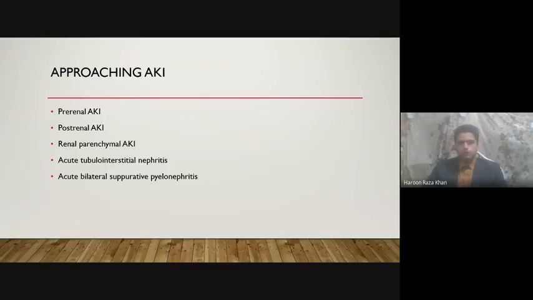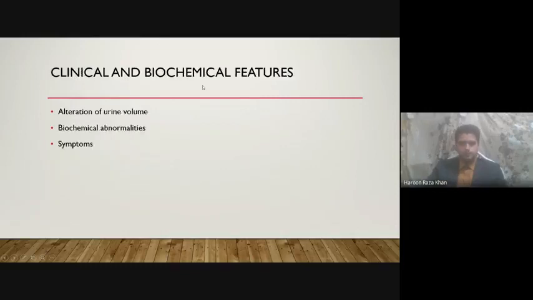Finally, acute bilateral suppurative pyelonephritis can also cause acute uremia, which can lead to AKI. So, class, these three are the main: prerenal, post-renal, or the renal parenchymal AKI. Apart from that, acute tubular interstitial nephritis or acute bacterial suppurative pyelonephritis can also lead to acute kidney injury or disease.